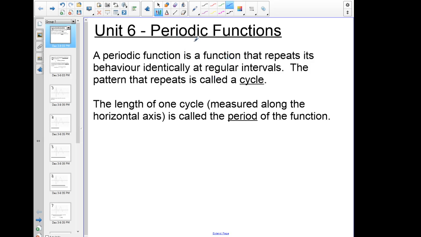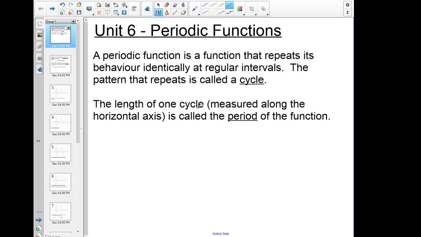Now, the idea of periodic: it's something that repeats itself in a regular pattern that can be identified. Each of those repeated patterns is known as a cycle, and I'm going to illustrate each of these definitions as we go. One cycle, this is where we get the word periodic, or the two are related.